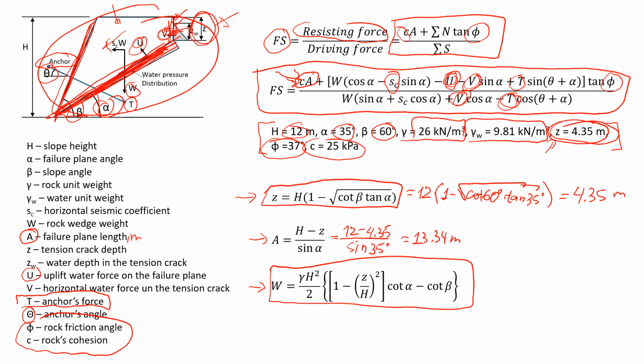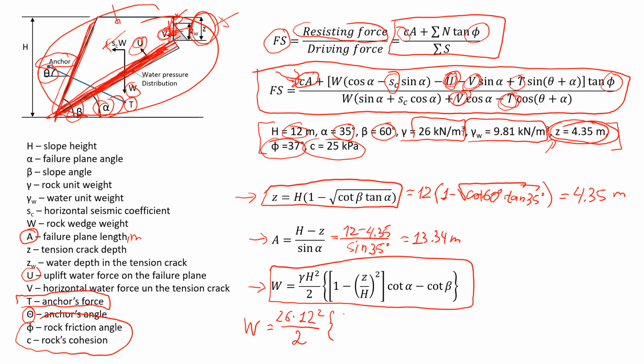Okay, so now we're going to estimate the weight of this rock mass. This is a really big formula. I'm going to write it down here. So weight will be unit weight 26 times height of the slope, 12 to the power of 2, divided by 2.